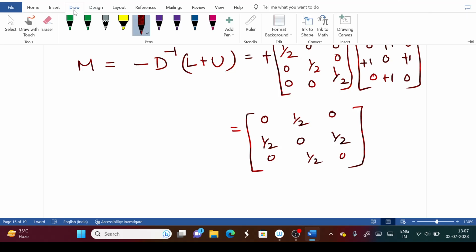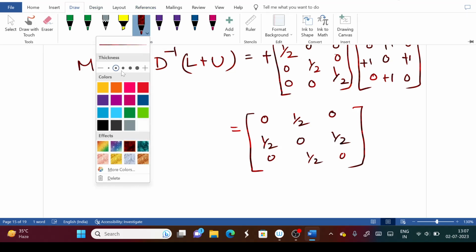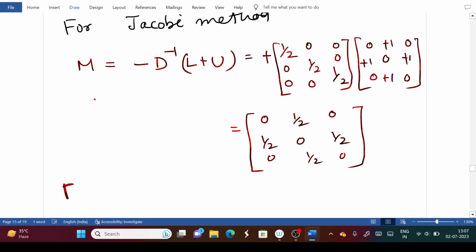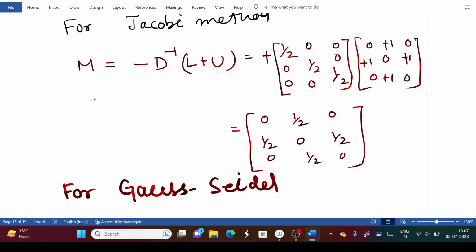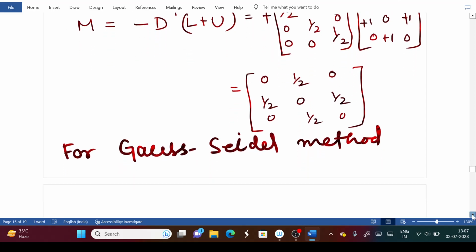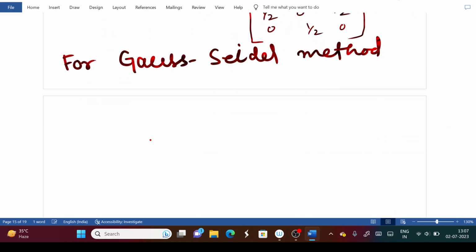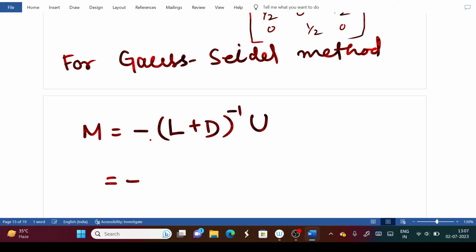Now suppose in the examination the Gauss-Seidel method is asked. What will we do? Here, what is the formula? For the Gauss-Seidel method, M is equal to minus of (L plus D) whole inverse into U. Now, what is L plus D?